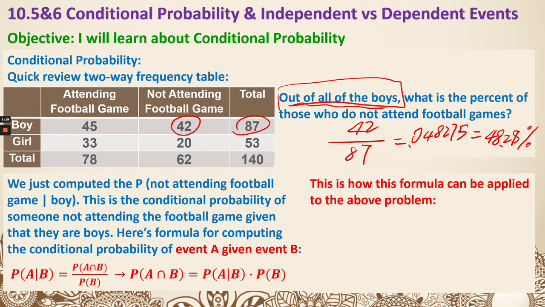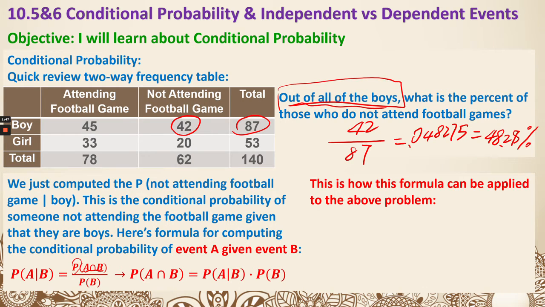Here's the formula for computing the conditional probability of event A given event B. The formula is as follows. P, the probability of event A given event B, equals the probability of A and B over the probability of B. So like making sure both of them are happening compared to just the condition event happening.